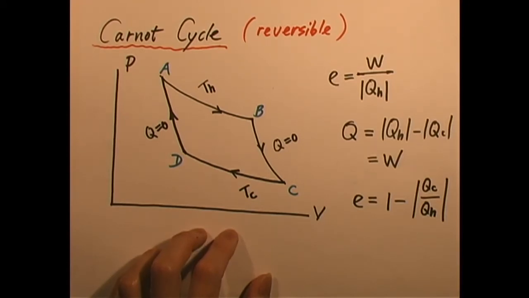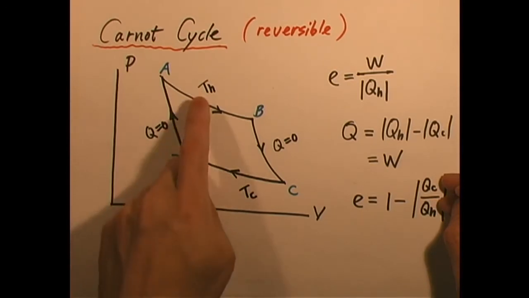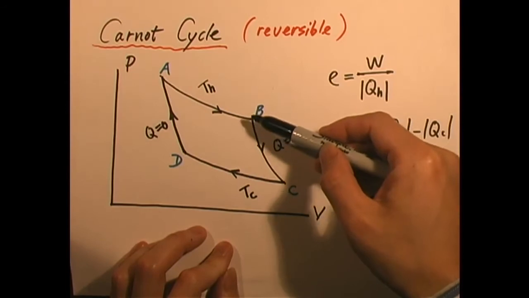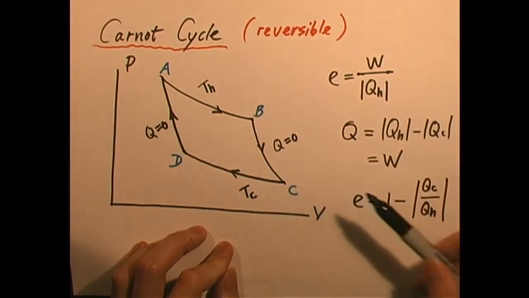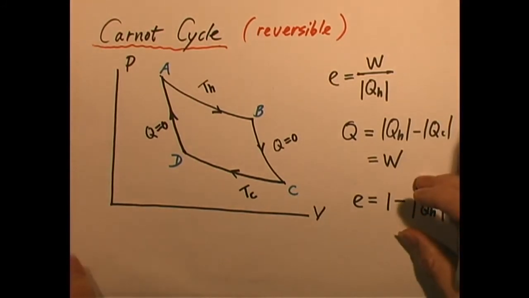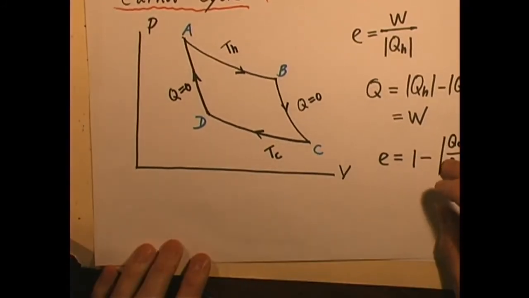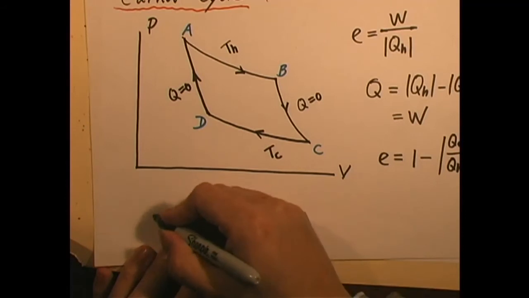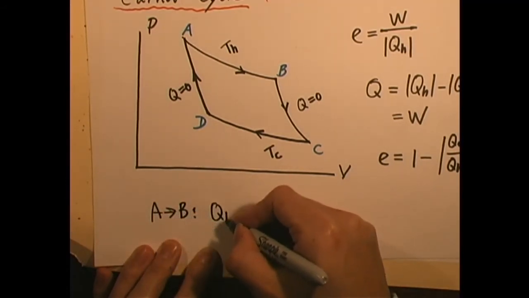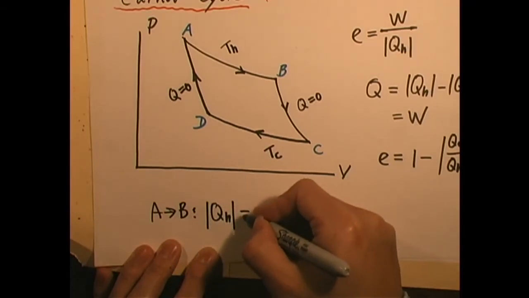But the Carnot cycle is unique in a sense that when you calculate QC and QH, QH is the heat absorbed going from A to B. That is an isothermal process. So is the process from C to D. For any isothermal process, from A to B, we have QH, the absolute value of QH.